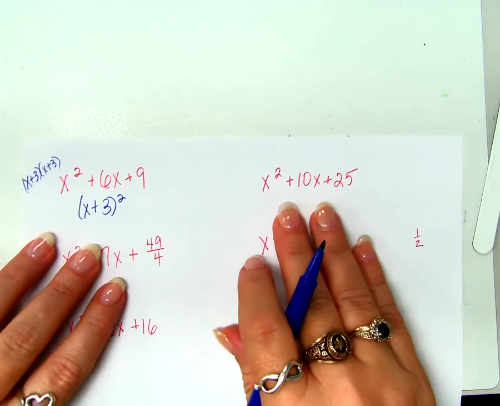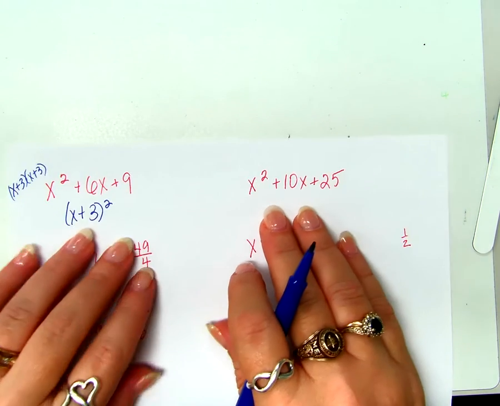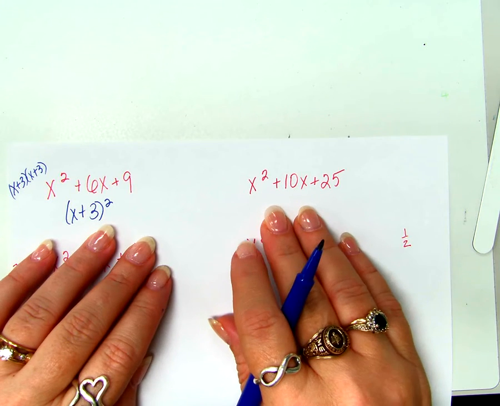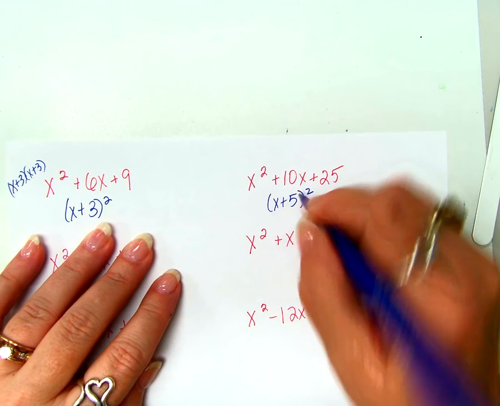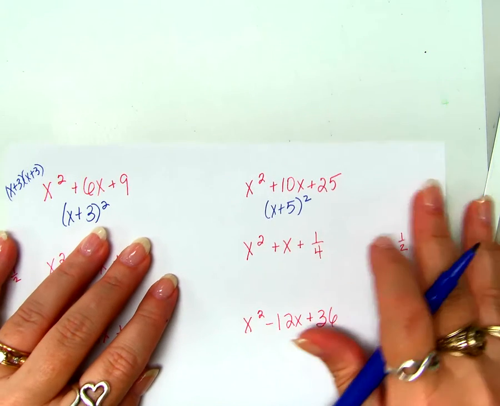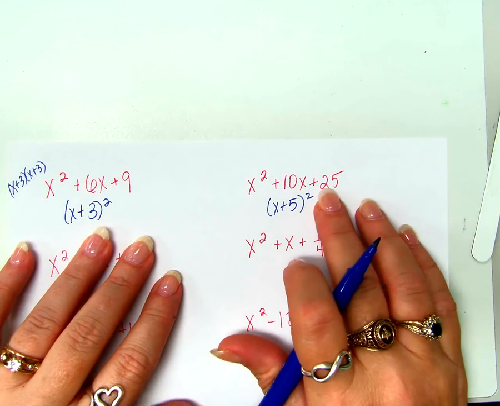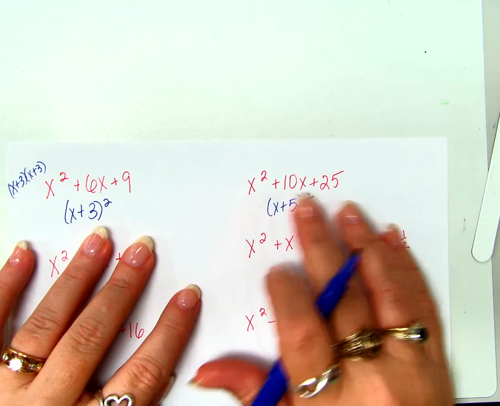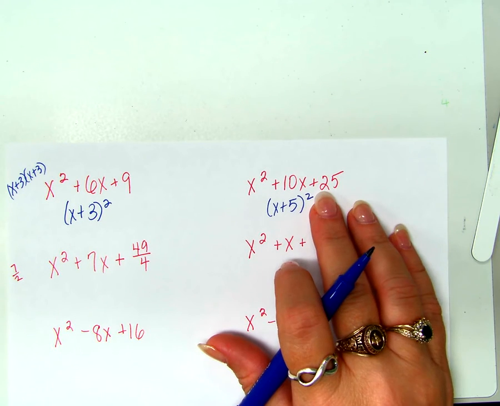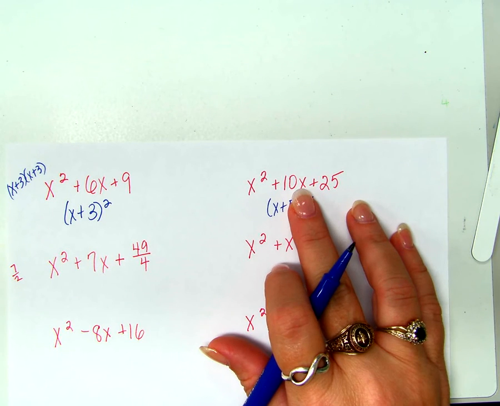Well, how would I factor this one? X plus 5 squared? Well, I thought when we factored, we said what two numbers multiply to be the last one and add to be the middle. Because we can do that because of the shortcut, right? So what are the two numbers that multiply to be 25 and add to be 10? 5 and 5.